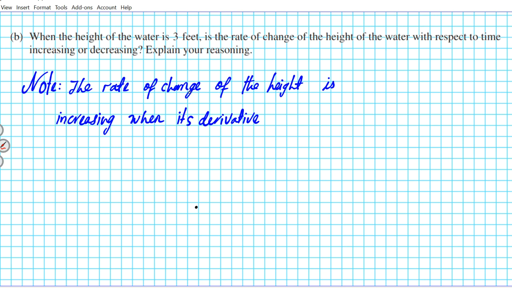The rate of change is a derivative, okay? So when you're looking for the derivative of the rate of change of the height, it is the derivative of the derivative of the height, or also known as the second derivative of the height, okay? So the rate of change of the height is increasing when its derivative, the second derivative of height, is positive, and decreasing when its derivative is negative. Okay. All right.